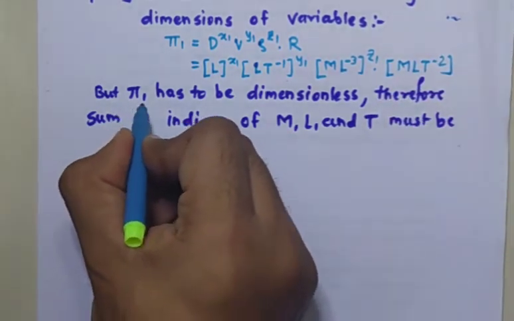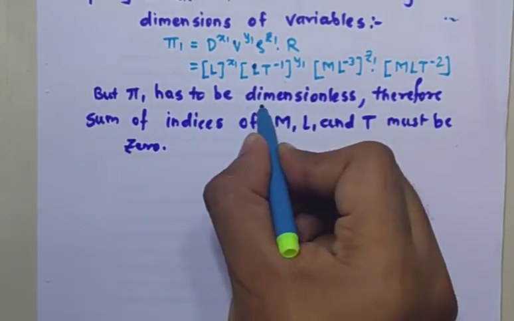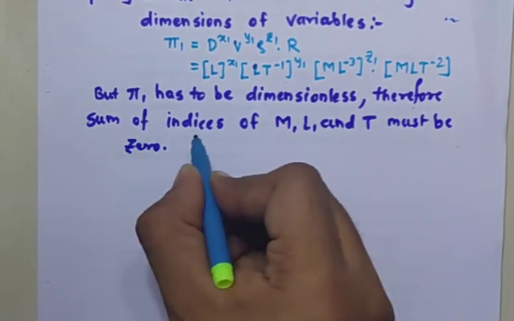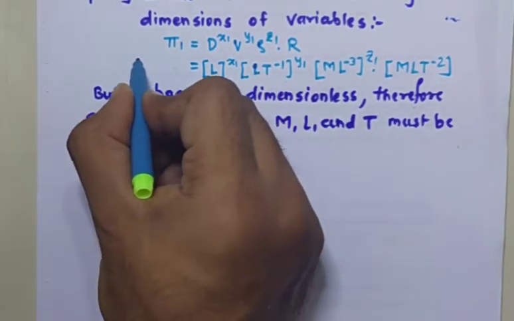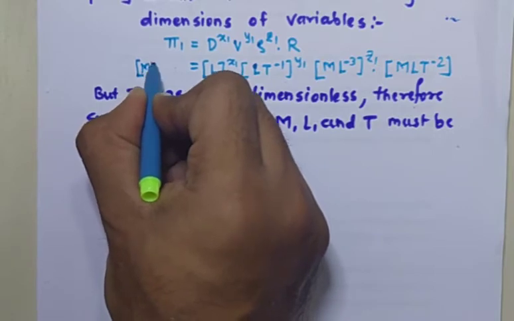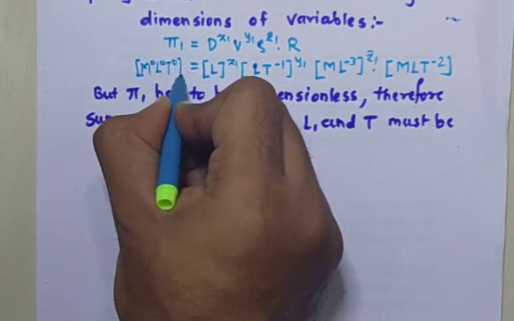So now here, pi 1 has to be dimensionless. Now pi 1 represents a dimensionless parameter. So therefore sum of indices of MLT must be 0. So the pi 1 term dimension is M raised to 0, L raised to 0, T raised to 0.